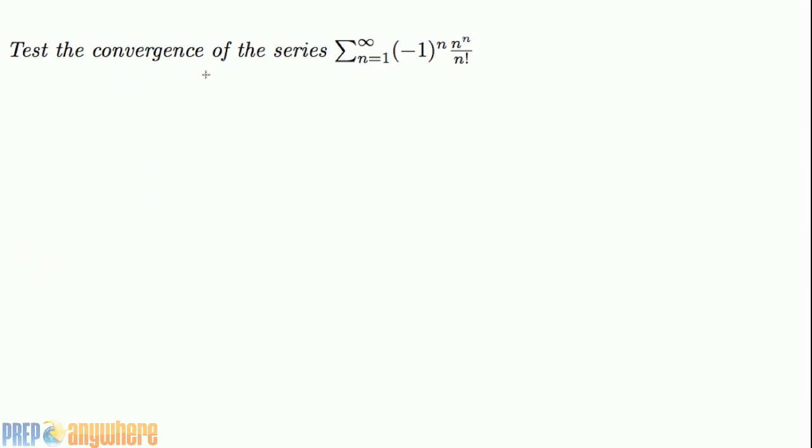Determine the convergence of this infinite series, and we can tell that we have to use the ratio test because of this n to the power of n, along with n factorial. Think about it. We don't even know how to differentiate or integrate n factorial, and the only real way to compare this with anything else is through a ratio. Okay, so let's let that be a_n.